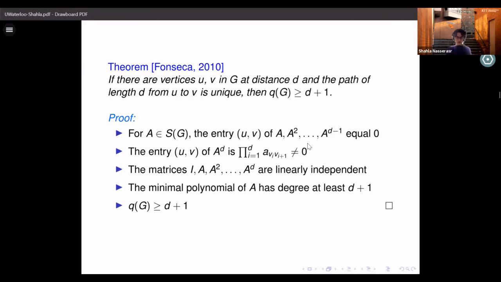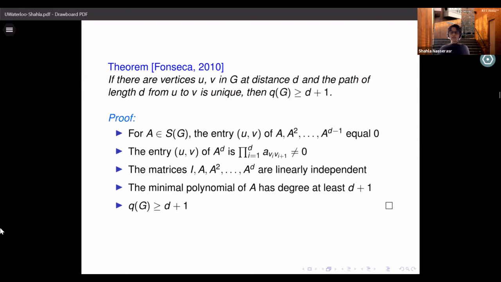In other words, there's no subtraction and no addition, so there's no cancellation. So that entry is going to be non-zero, and that gives us these matrices identity, A, and all the exponents of A up to the exponent d to be linearly independent. So we get a lower bound for the degree of the minimal polynomial, which is exactly Q. So Q is at least d plus 1.